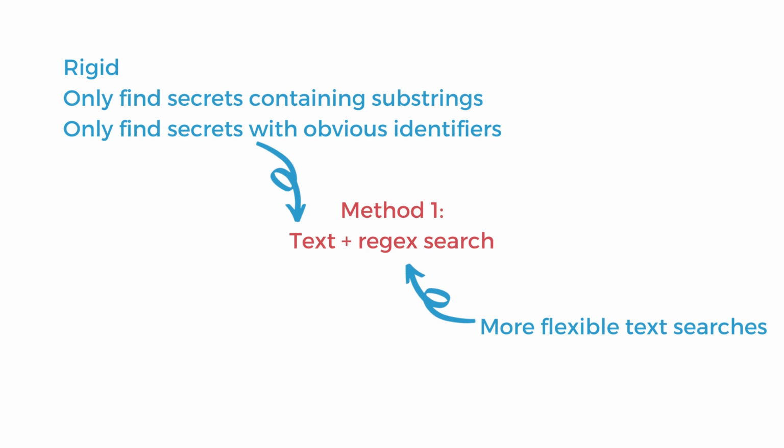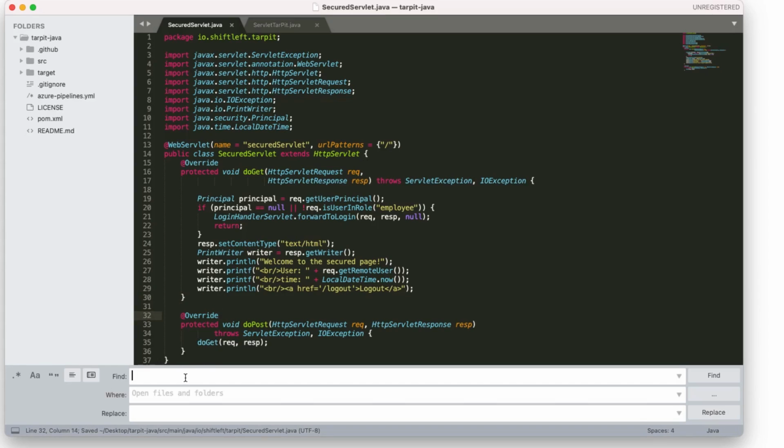Even if some secrets don't have predictable substrings, many API keys actually adhere to a very specific format, and you can detect these by looking for patterns in source code using regex searches. So one example is that AWS access key IDs commonly start with the string AKIA followed by 16 alphanumeric characters.